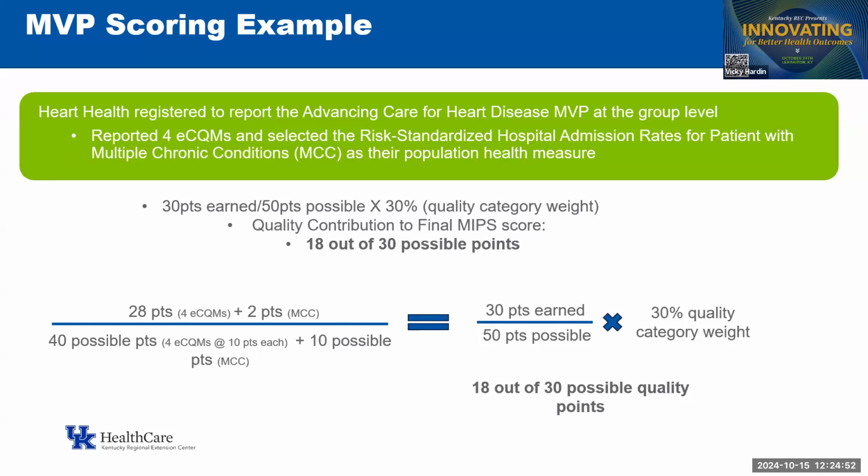But the population health measure is also worth 10 possible points. So that was a total of 50 points. And you multiply that by 30% category weight, and you get 18 out of 30 possible points. So you did see a difference in the denominator on this scoring example.